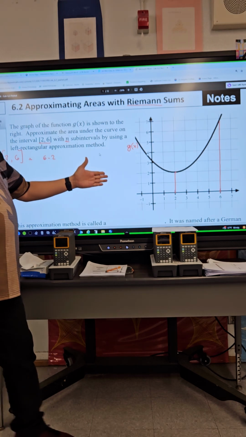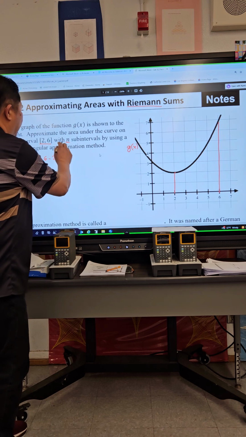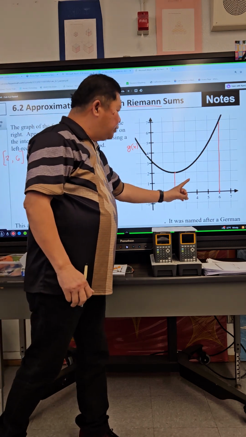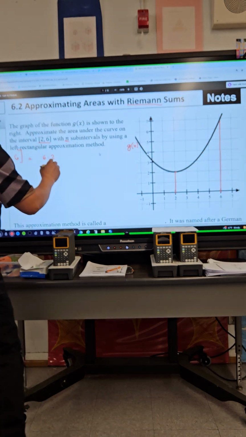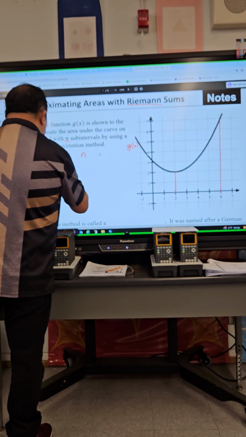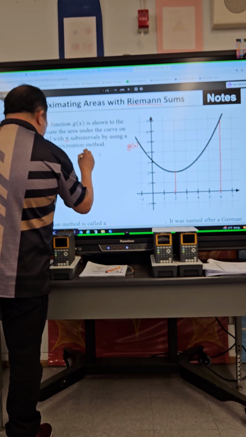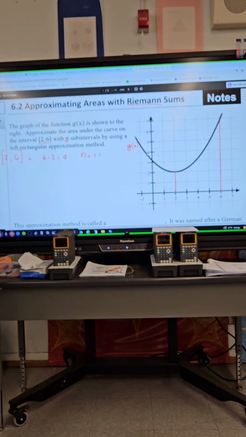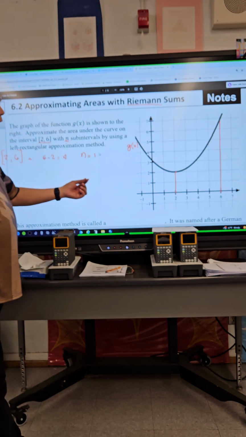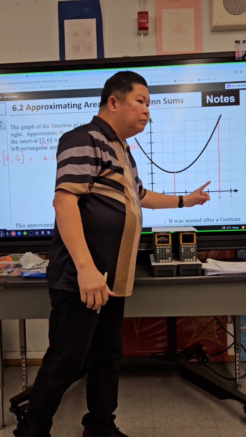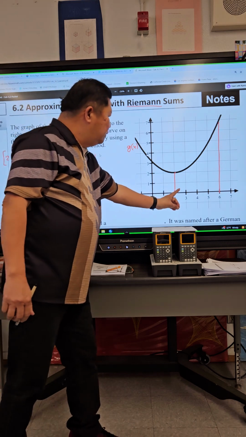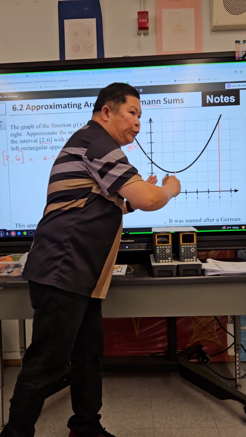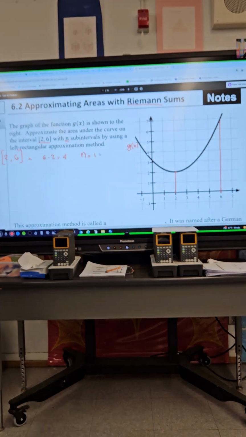So the interval right here is just from 2 to 6. That means we have an interval of 1. So we say n is equal to 1, meaning from 2 to 6, it's gonna be 1 interval.